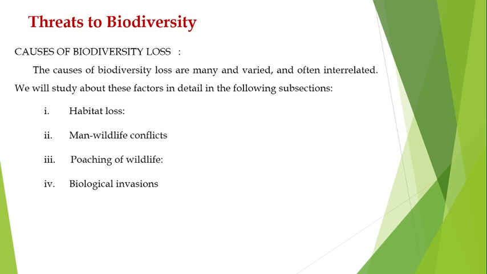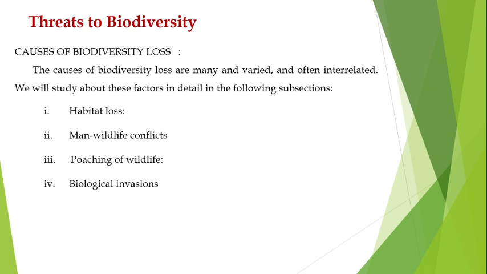We should conserve the rich biodiversity of the earth for posterity so that in future people can enjoy the richness of earth. In this unit, we will discuss in detail the factors which mainly cause biodiversity loss. The causes vary according to condition and are often interrelated.